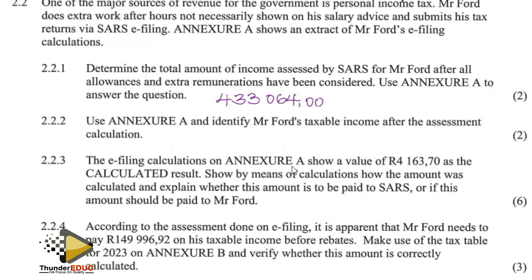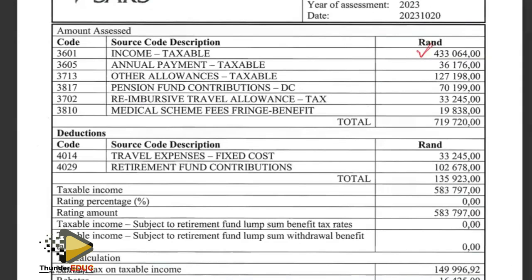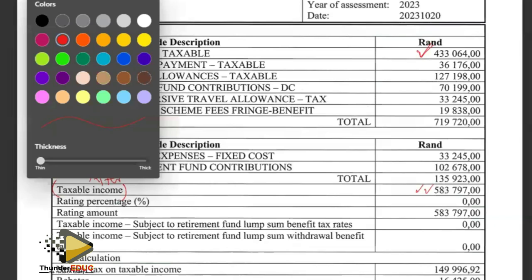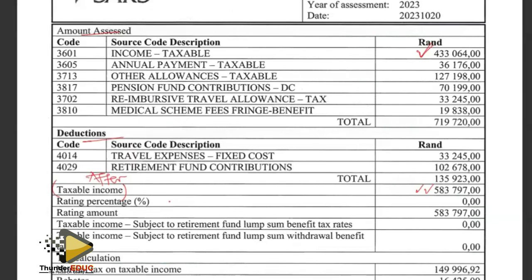Use annexure A to identify Mr. Ford's taxable income after assessment calculations. To identify taxable income, it's this one. You look at that, because these are the amounts assessed, the deductions. So after everything, everything there is after.